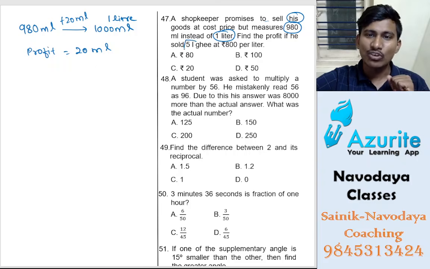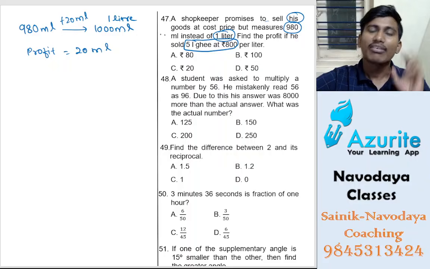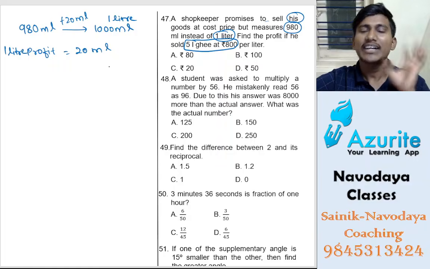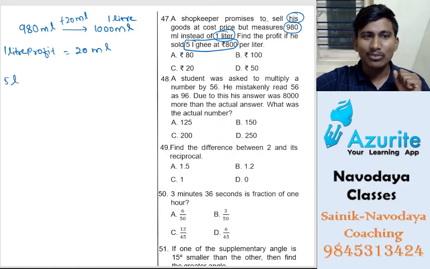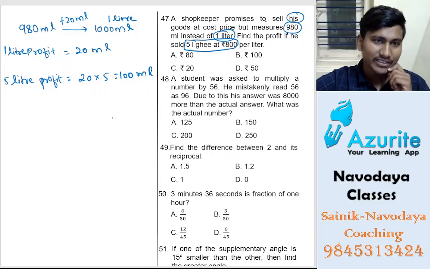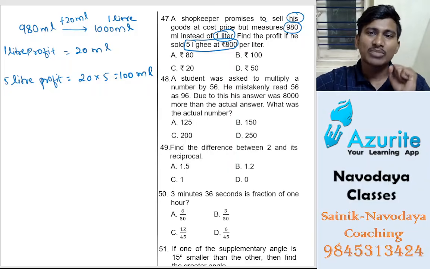So he is selling how many liters? 5 liters. So 1 liter profit is 20 ml. So 5 liter profit will be how much? That is 20 into 5, that is 100 ml his profit, right? So 1 liter costs how much? 800 rupees.